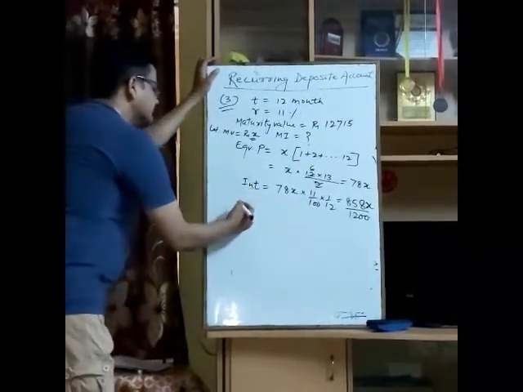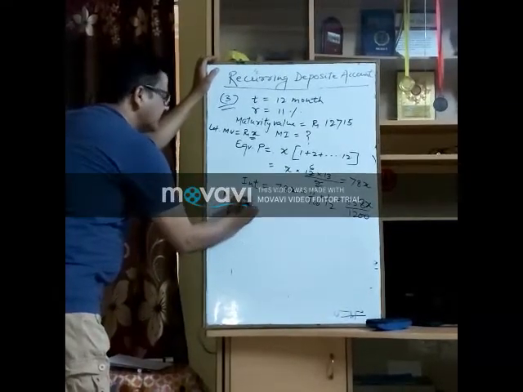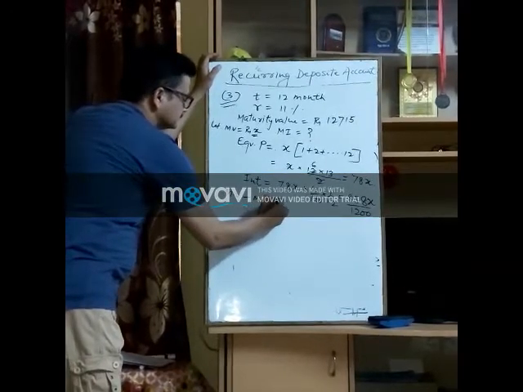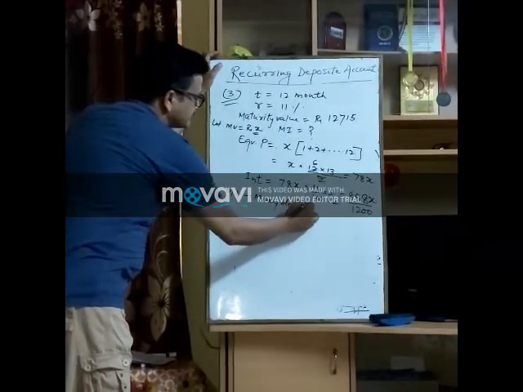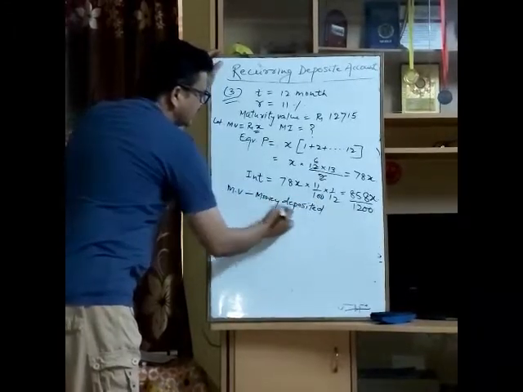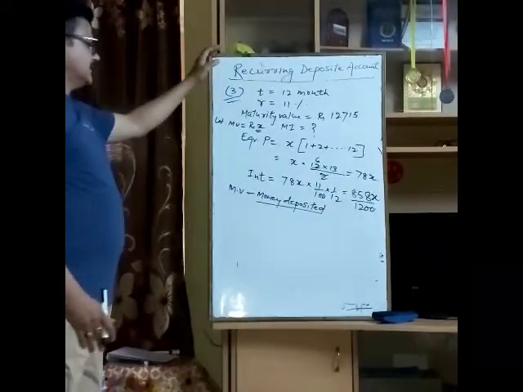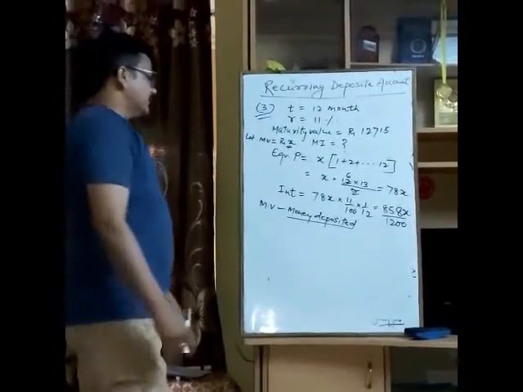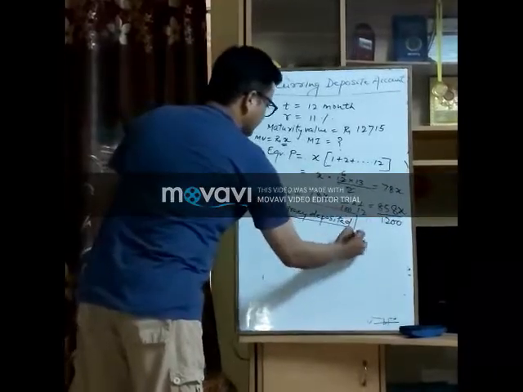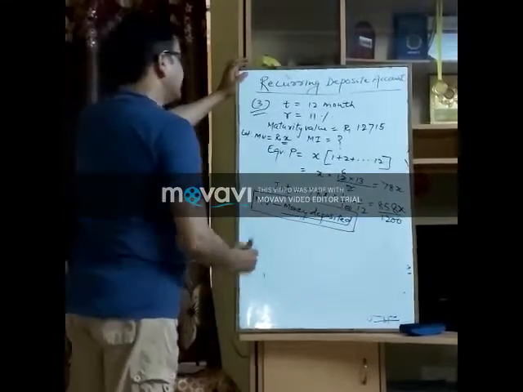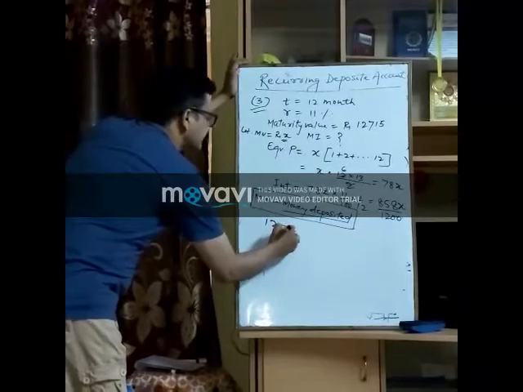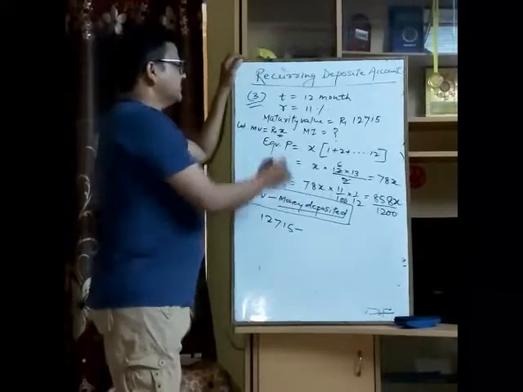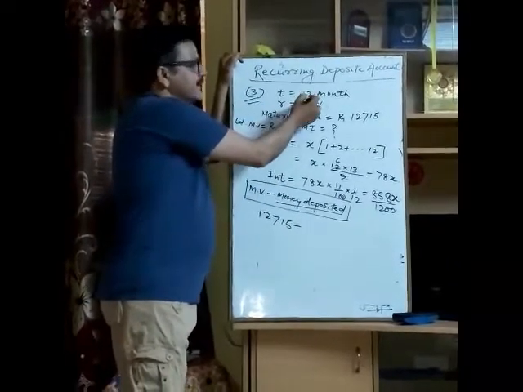Now interest means maturity value minus money deposited. The money that the person is depositing, we will subtract from the maturity value, then it will give you the interest. So maturity value is 12,715 minus he is depositing rupees X for 12 months.